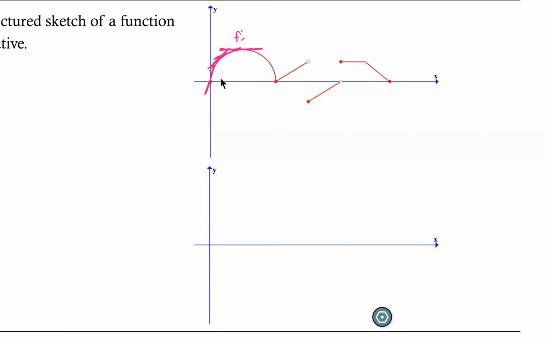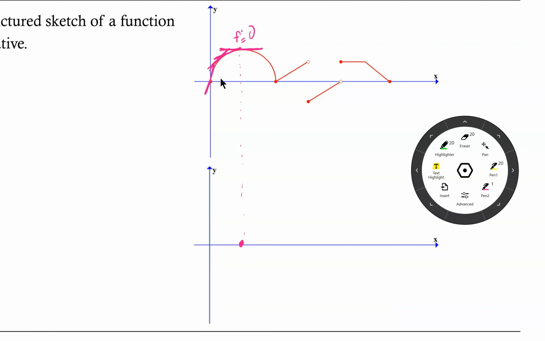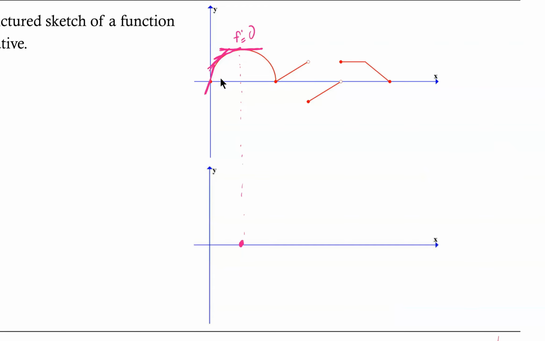That's going to help me with drawing the graph of my derivative. I'm going to come down here to my axes for my derivative, and I know that my derivative is 0. That means the derivative function is going to cross the x-axis about at that point.